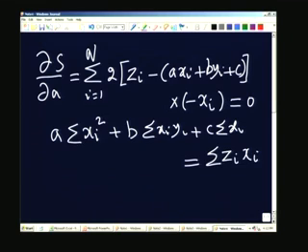Of course, I have to put i equal to 1 to n for all the summations, which I am not writing, because we assume that you can supply that information.